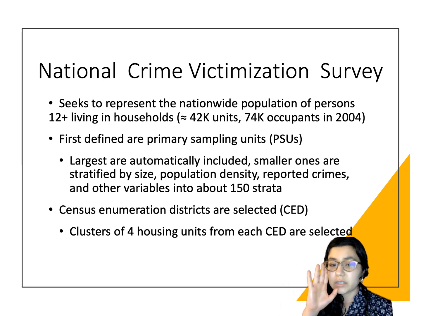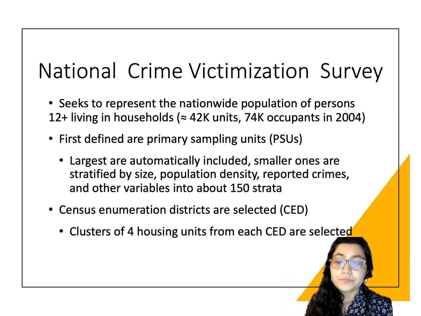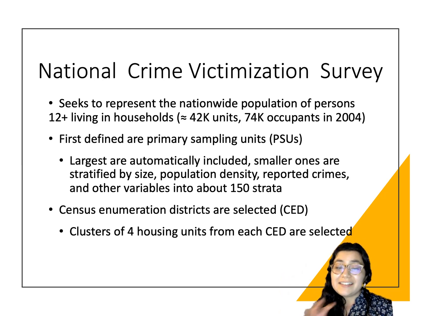So what we're doing is we're listing all these geographic areas, and then we are arranging them by their characteristics. And that develops into the census enumeration districts that are selected from these PSUs, and then clusters of 4 housing units from these census enumeration districts are selected.